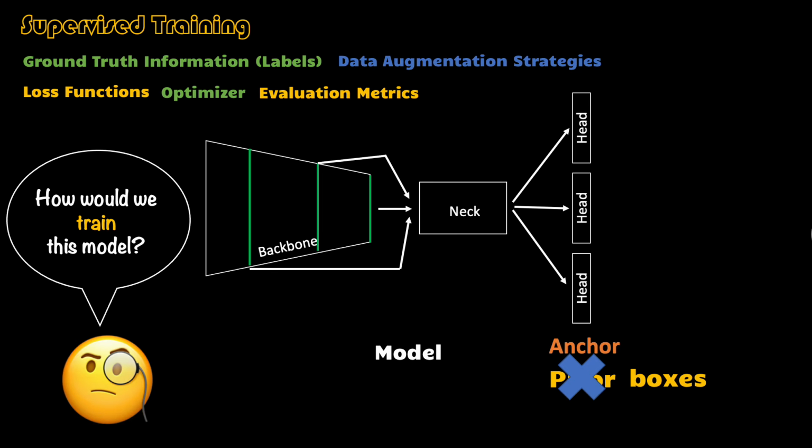Let's say that we have these prior boxes or anchor boxes assumed at every pixel in the feature space, but how do we associate them with the ground truth boxes? This is considered a label assignment problem. There are plenty of algorithms and techniques to do that as well, and I will talk about some of them, the more recent ones, in the upcoming tutorials.